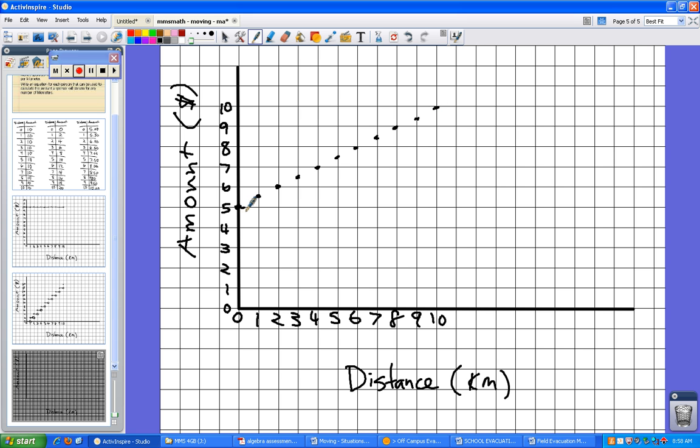So it stays level. Once we hit 1 kilometer, we put a circle that says don't look there, we look up here at the next dot. It doesn't change until we get to the next kilometer. So you should see a step.